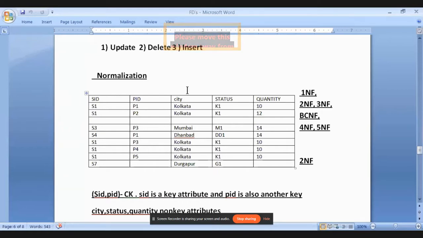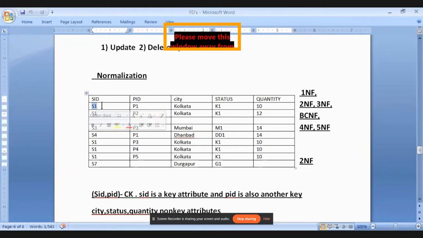This table was already in 1NF. So what is the immediate higher normal form of this table? The immediate higher normal form is 2NF. Now, why was it in 1NF? Because each individual value present in each cell was an atomic value. Atomic value means the value that is present in the table is logically inseparable.